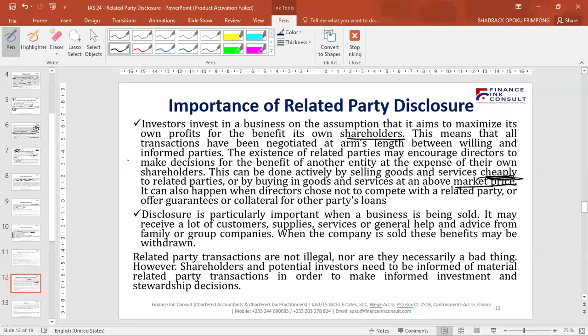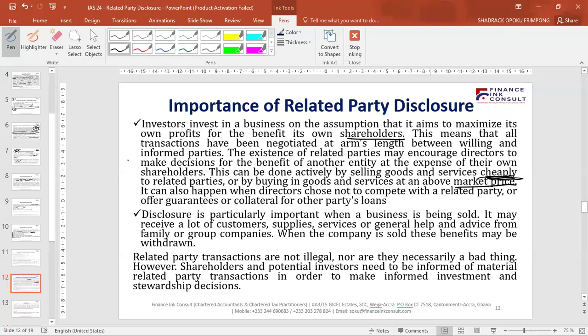But let's say we have our head office in South Africa, and maybe we have some concession. We are not paying anything. So in order to shift our money from Ghana to South Africa so that we will not pay any tax on it, we will buy some of the products from our own people in South Africa.